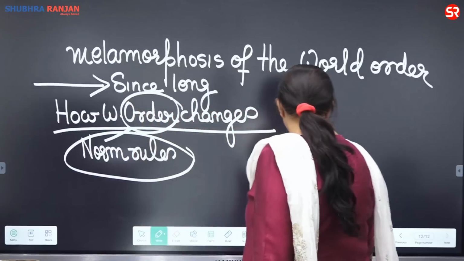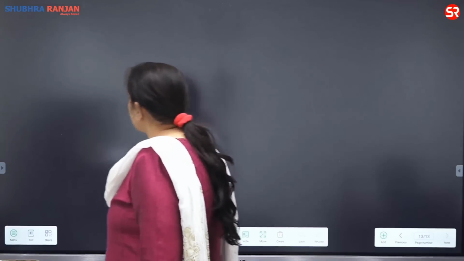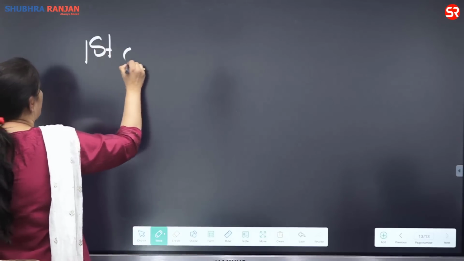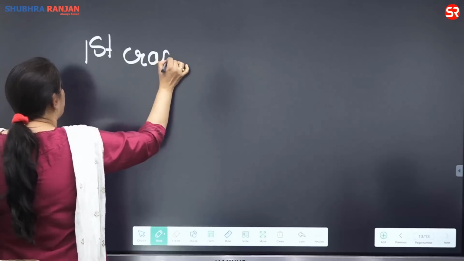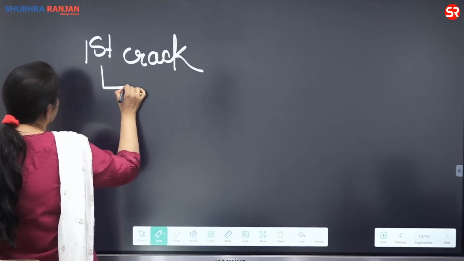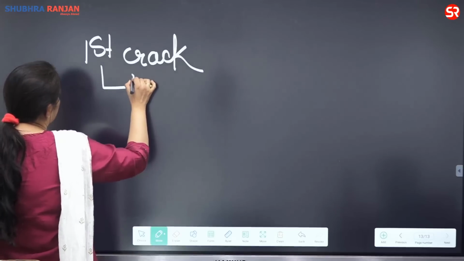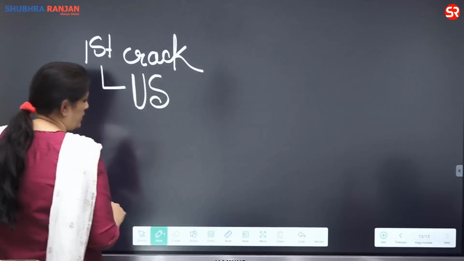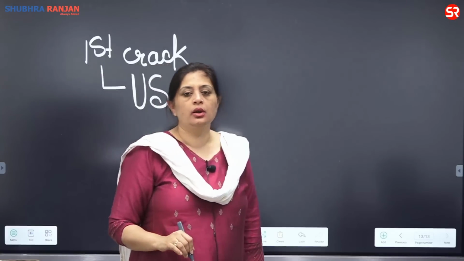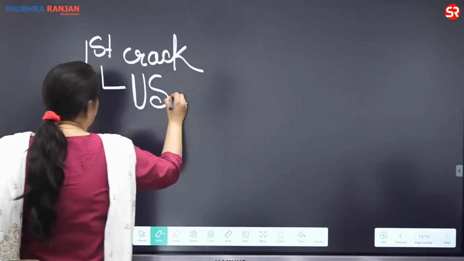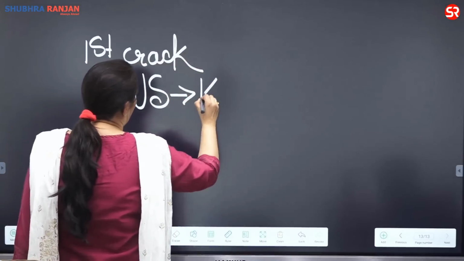So the first crack, or who started destroying the order, the first destruction of the order made by US was seen in the Kosovo crisis.